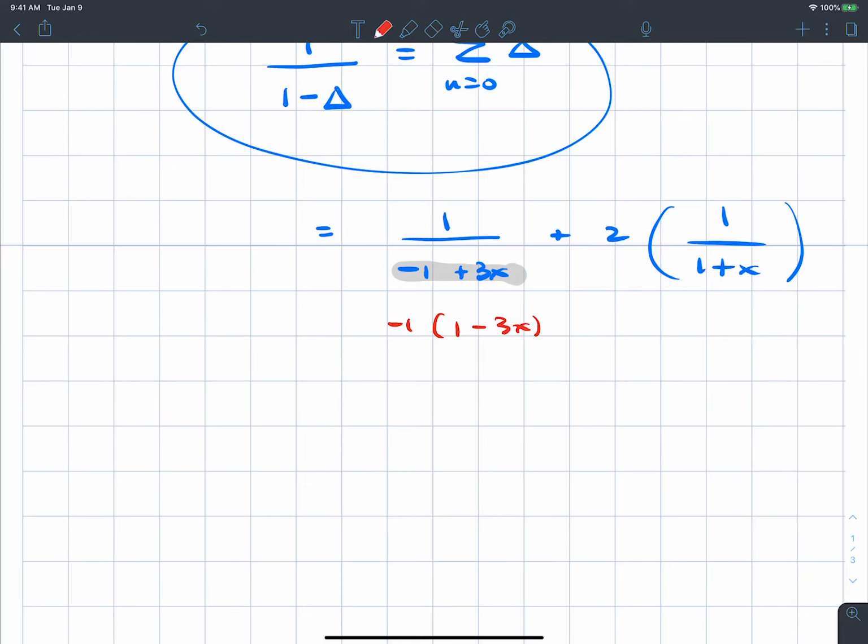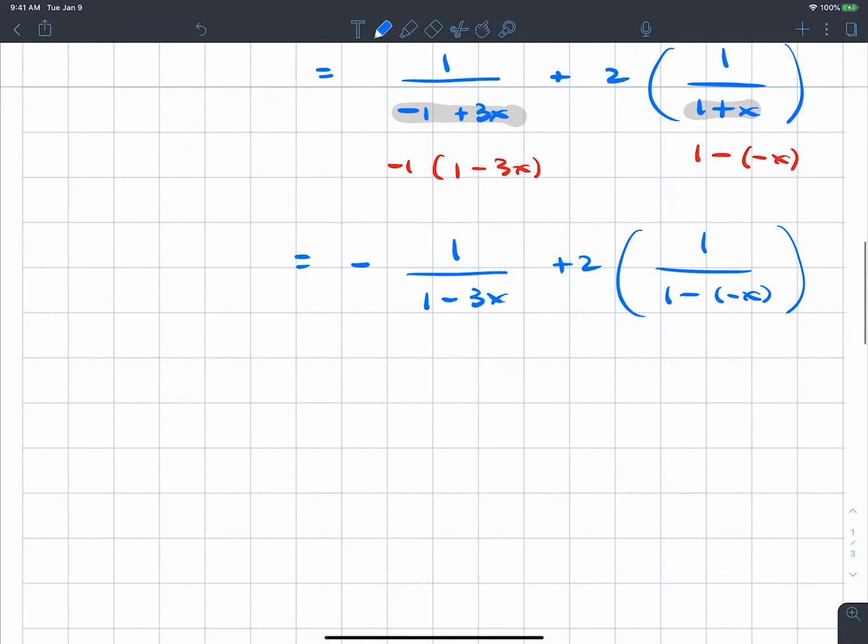And here we're just going to write this as 1 - (-x). And as you can see now, all together, you should get -1 over (1 - 3x) plus 2 times 1 over (1 - (-x)). And this portion and this portion, these are in your triangles.